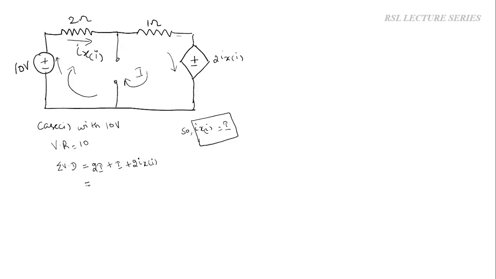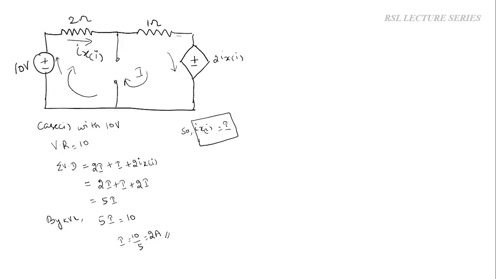On substituting I here, we get 2I plus I plus 2I, so this will be 5I. Now by applying Kirchhoff's voltage law, the sum of the voltage rises is equal to the sum of the voltage drops. So 5I is equal to 10. I is equal to 10 by 5, which is nothing but 2 ampere. So this is the answer for case 1.